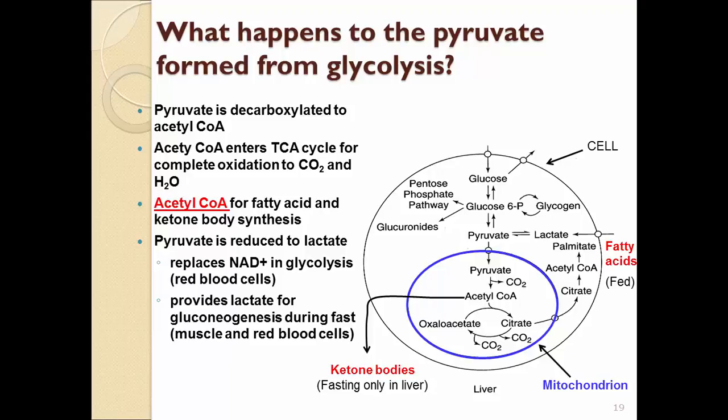And under fasting conditions, again in the liver, the acetyl-CoA will not enter the TCA cycle, but is utilized for ketone body synthesis. But it's okay, I think we have not talked about this yet. But just so you know, these key molecules can have a different fate, depending on the cells and depending on the metabolic conditions.